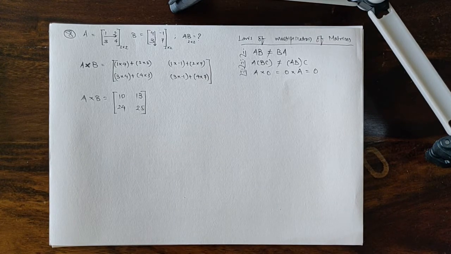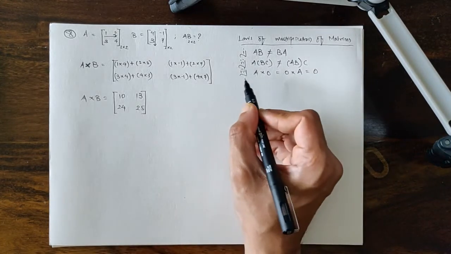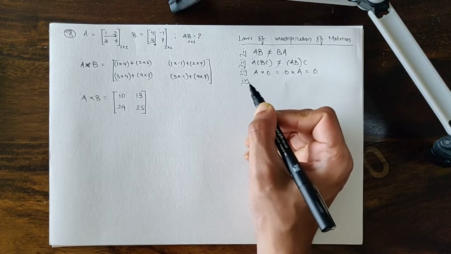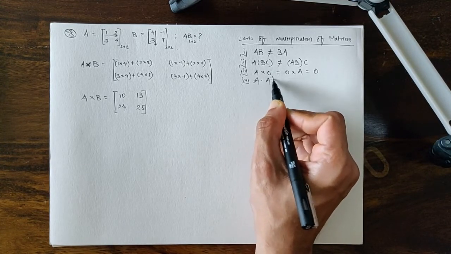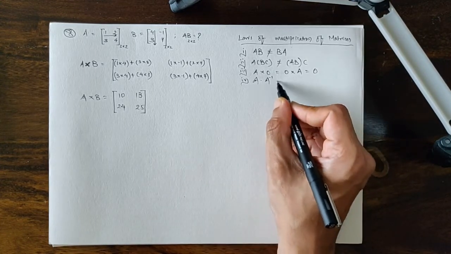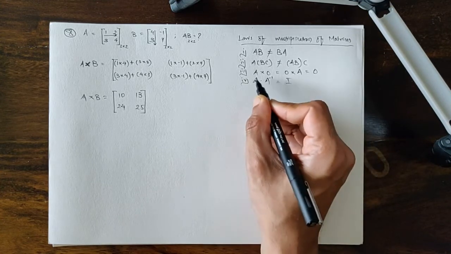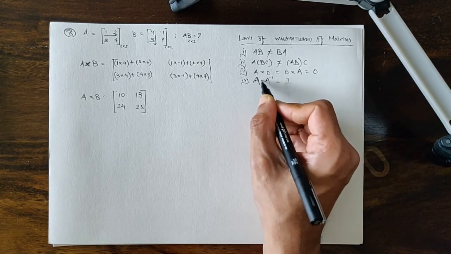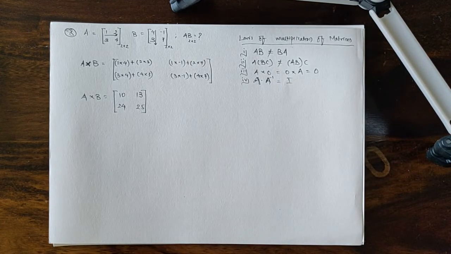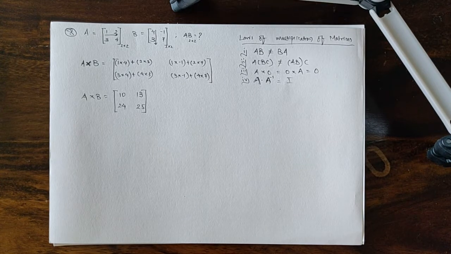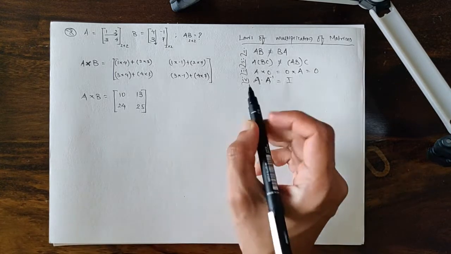If you multiply a null matrix with any matrix, you will always get a null matrix. If you multiply a matrix with its inverse, you will get an identity matrix. An identity matrix is which matrix? It is a square matrix with leading diagonal as unity.